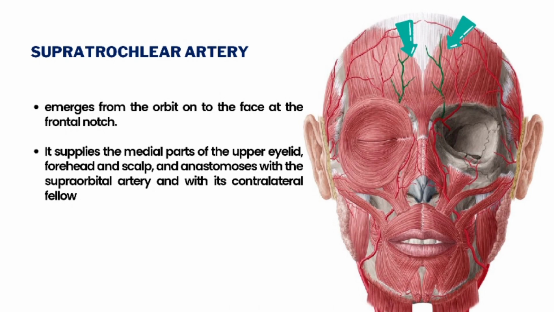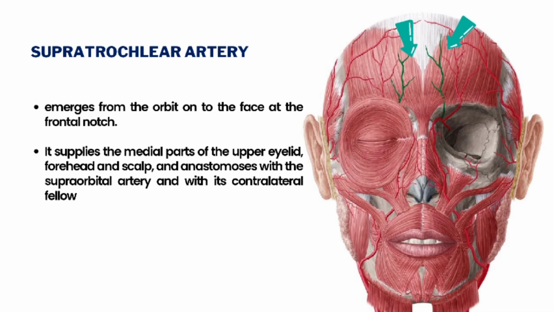First is the supratrochlear artery. It emerges from the orbit on the face at the frontal notch. It supplies the medial parts of the upper eyelid, forehead, and scalp, and anastomoses with the supraorbital artery and with its contralateral fellow. The supratrochlear artery is one of the two terminal branches of the ophthalmic artery along with the external or dorsal nasal artery.